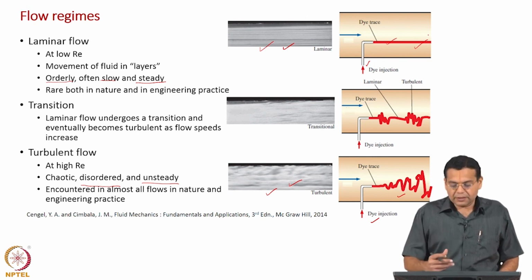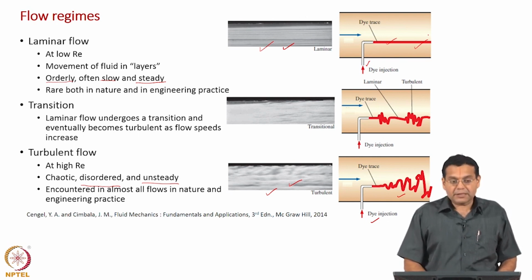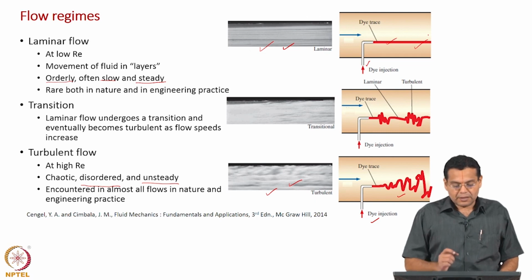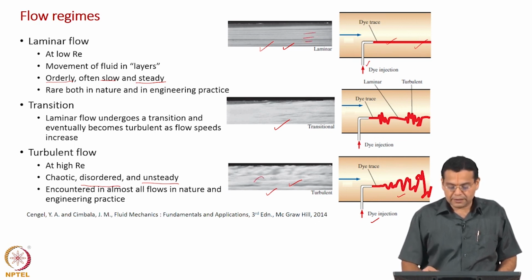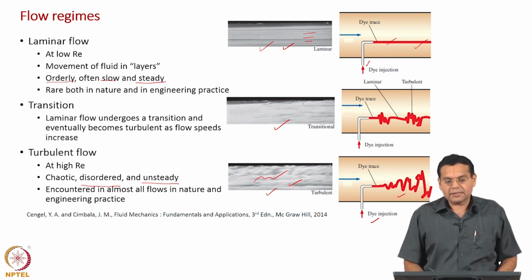Now, between these two extremes, we have the transition flow regime, and look at the photograph here, it is somewhere in between the nice laminar flow behavior and highly disordered turbulent flow, and that is why we call it transition.